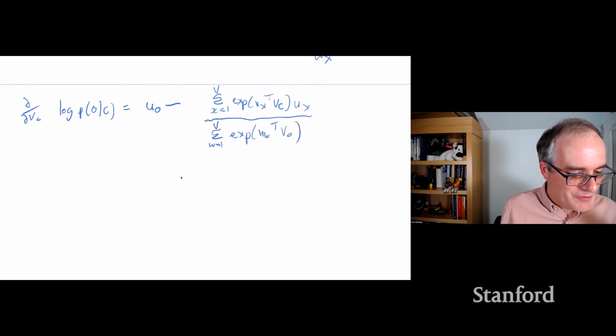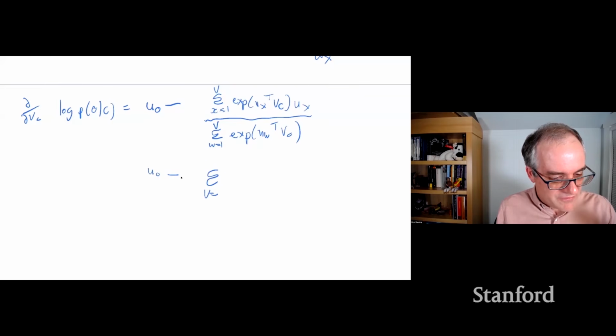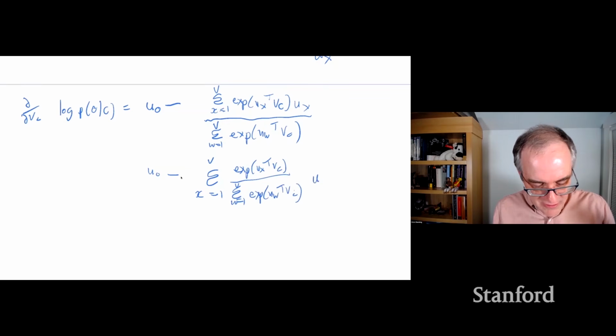And this is where the fact that we changed the variables became important. By rewriting that a little, we can get that equals u0 minus the sum of x equals 1 to V of exp of u_x^T vc over the sum of w equals 1 to V of exp of u_w^T vc, times u_x.